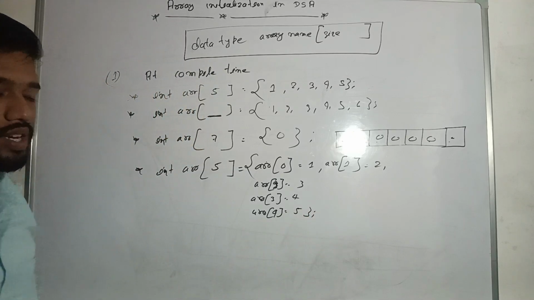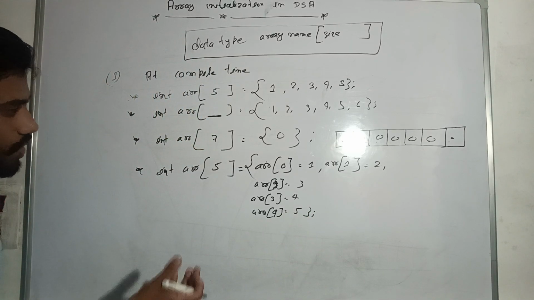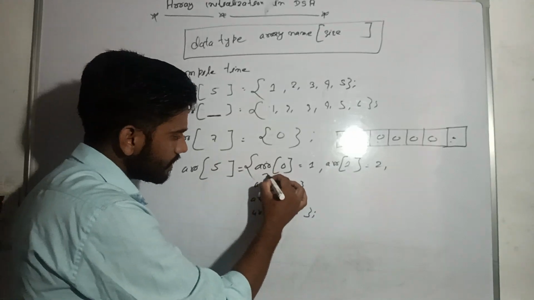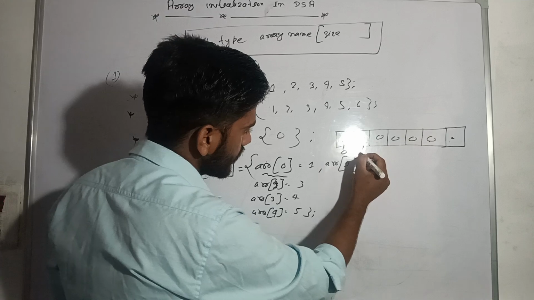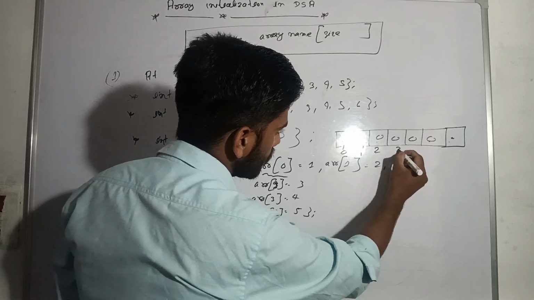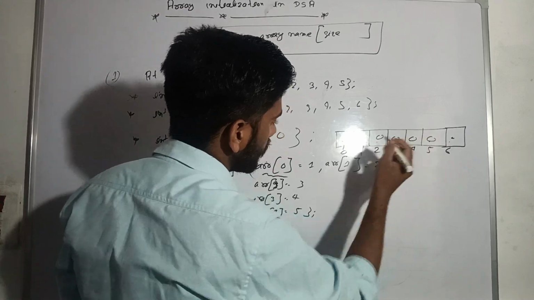That is the way to initialize an array with all the indexes. This is the index, and these are the index values 1 2 3 4 5 6 7 here.